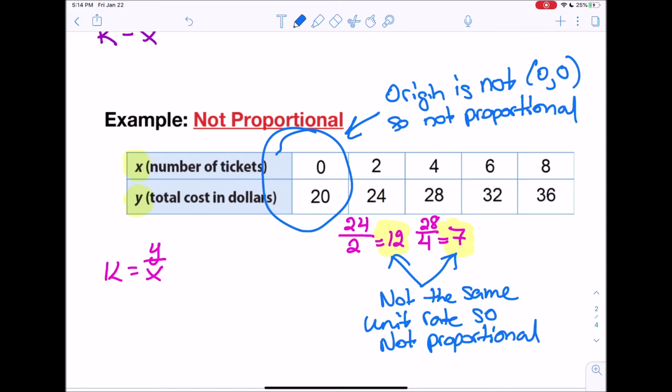Well, then that means if 2 tickets cost $24, each ticket was $12, right? And if I had bought 4 tickets, I should have to pay $48. That wasn't the case. And also, if I buy 0 tickets, I shouldn't have to be paying anything. And that's why the origin has to be 0, 0, because it wouldn't make sense to have to pay $20 for nothing. So this is not proportional.